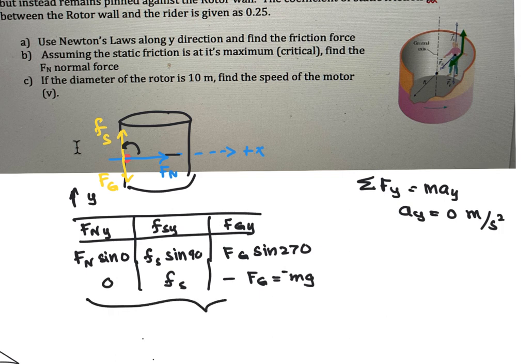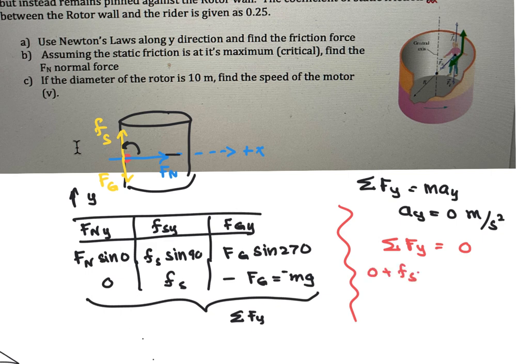Now you can take all these things and substitute for the sum of Fy, which is the sum along the y direction. The net force along that is 0 because Ay is 0. So the sum of Fy from the table is 0, plus Fs, minus mg, and that equals 0. So you basically get Fs equals mg.